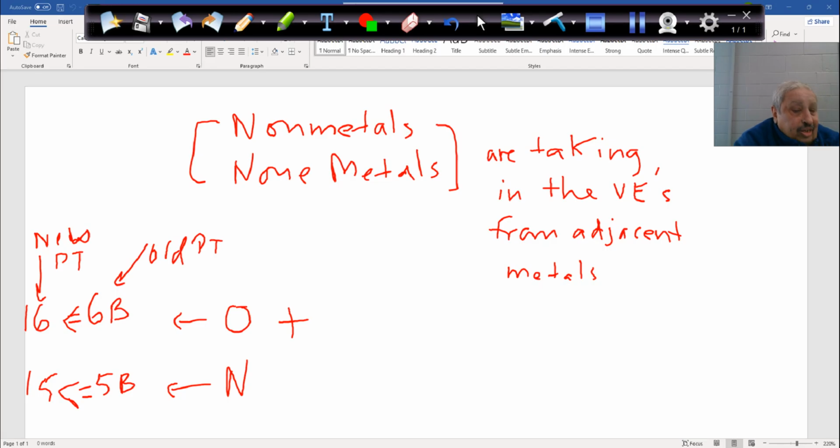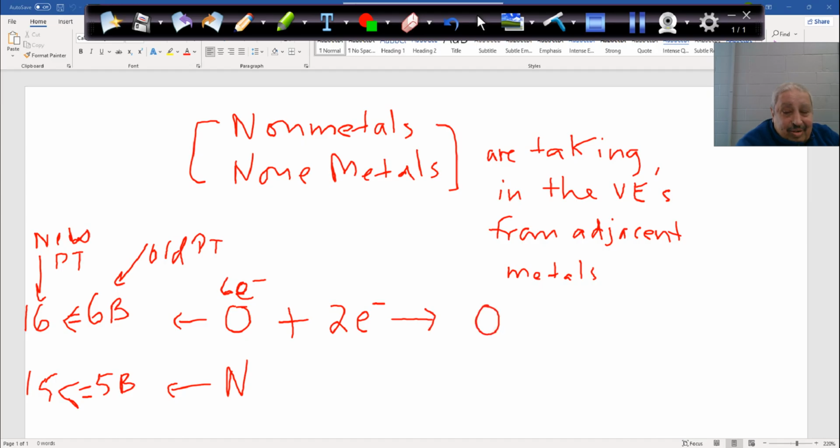Non-metals always tend to follow the octet rule; they always like to have 8. So with 6, how much is missing? 2, correct? Remember, it has 6 electrons to begin with. It will take in 2 electrons to make 8.